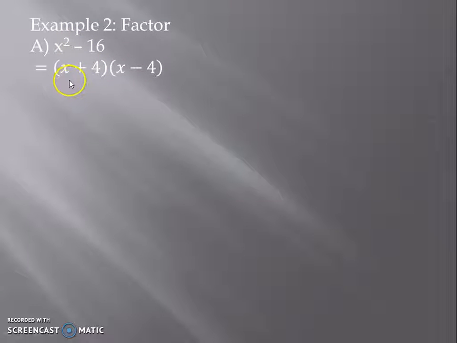So the way you get this answer is you basically have to put it in 2 brackets. You know that for x squared, you need x times x. So you put 2 brackets and put x, x. And then you know, hey, the way you get negative 16 is you get a positive 4 and a negative 4.